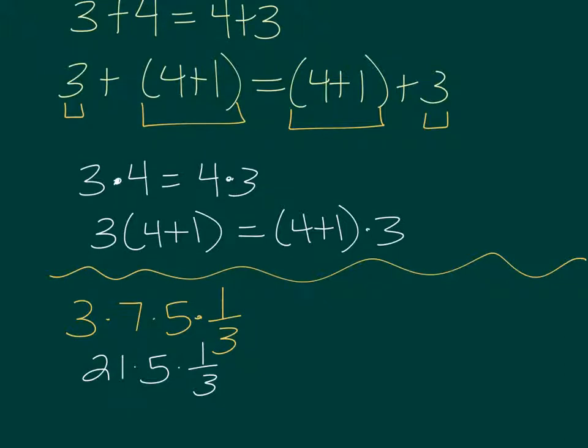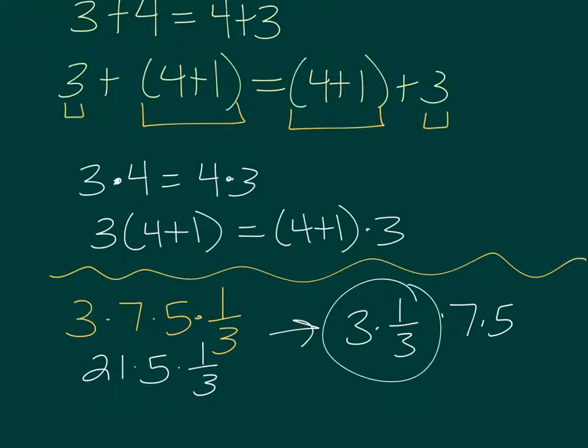But the commutative property of multiplication says I can swap the order. So I'm going to write 3 times 1/3, then times 7 times 5, because I know that 3 times 1/3 is just 1. That makes it a lot simpler to multiply.